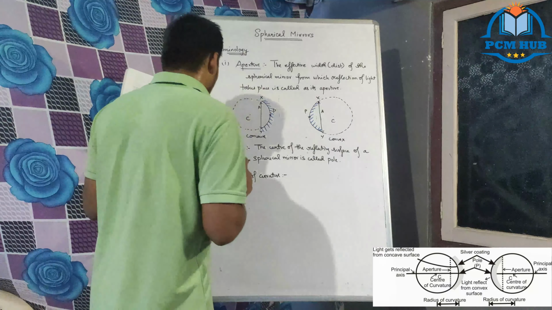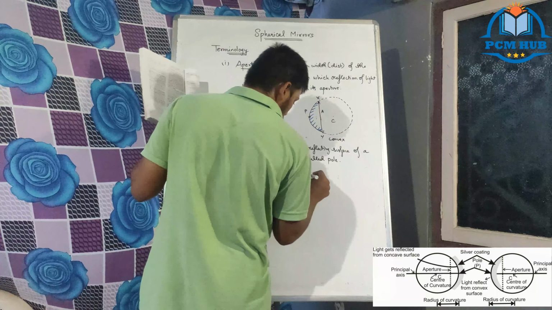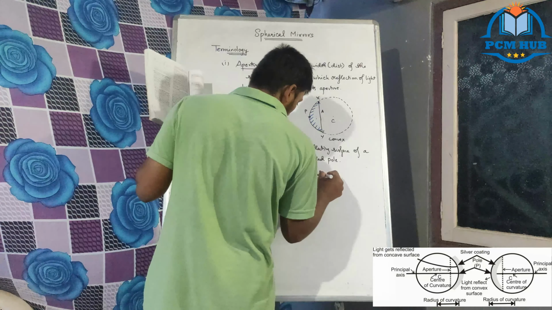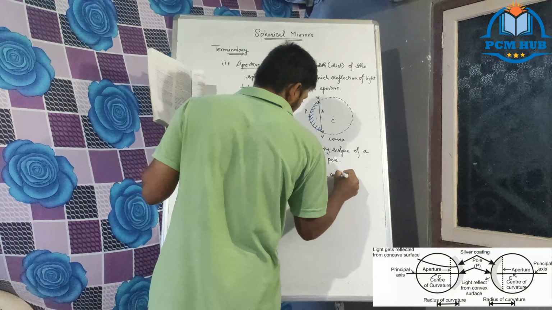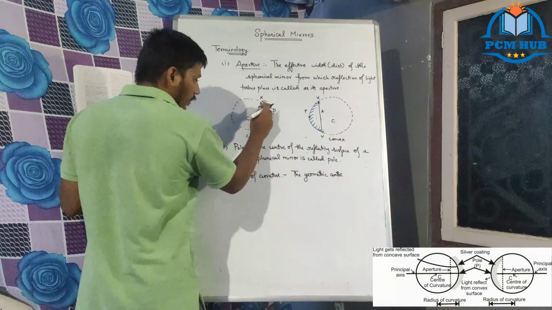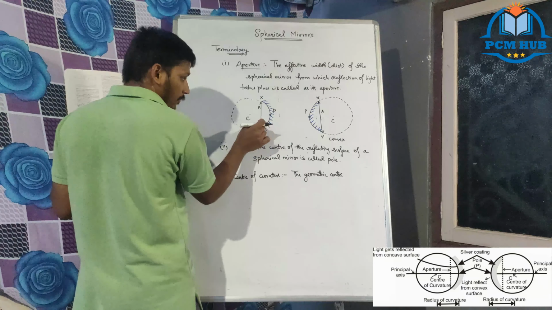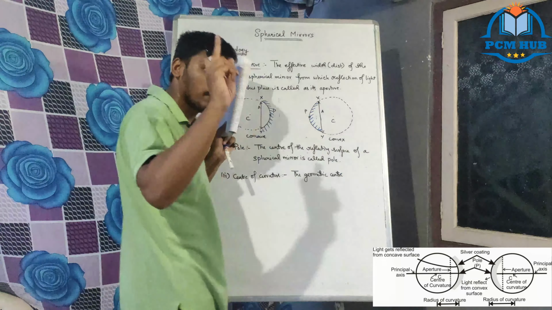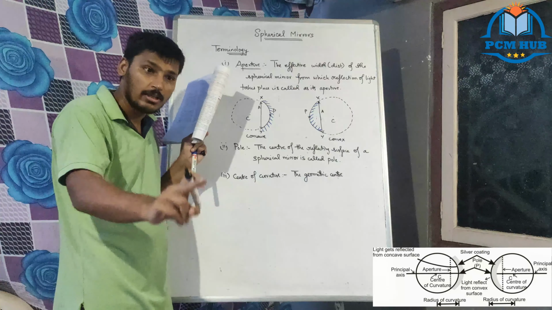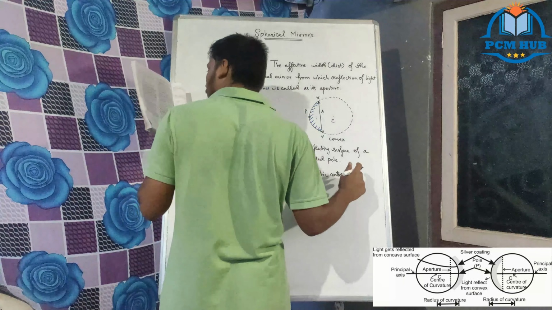Okay. So I'm going with the definition. The geometric center, because here the pole may vary also. Why? Because if you take a shape like this, the pole will come here. But geometric center will always be at its geocentric position. That is the main important thing. You should understand. That's why the name geometric center came.